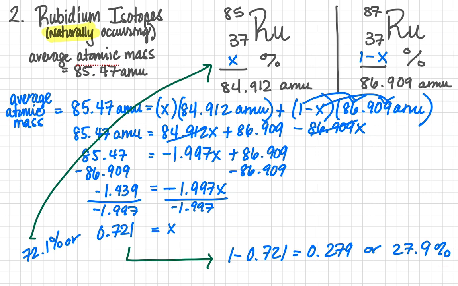So I'll put here 27.9%. That looks so bad. 27.9%. And then this one is 72.1%. Hope this was helpful, y'all. If you have any questions, let me know in the comments.